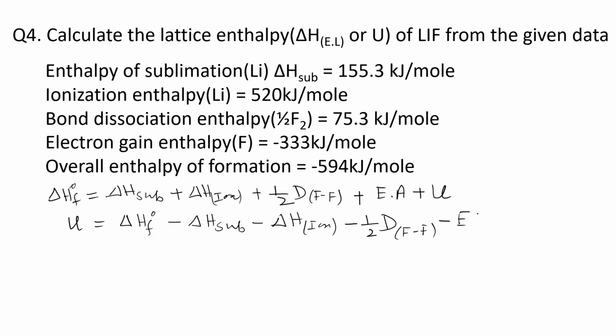So U is equal to delta HF naught, the formation enthalpy. How much is it? Minus 594. Then sublimation: you have to supply energy, so it is positive, but here it has a negative sign.